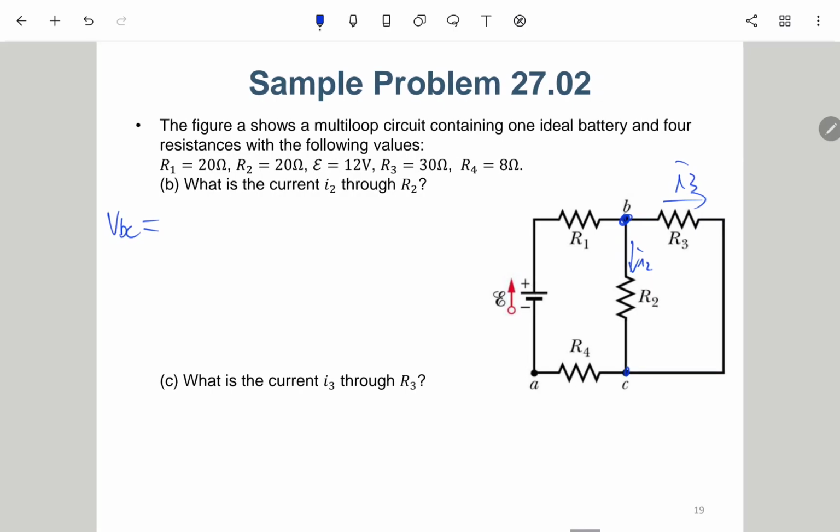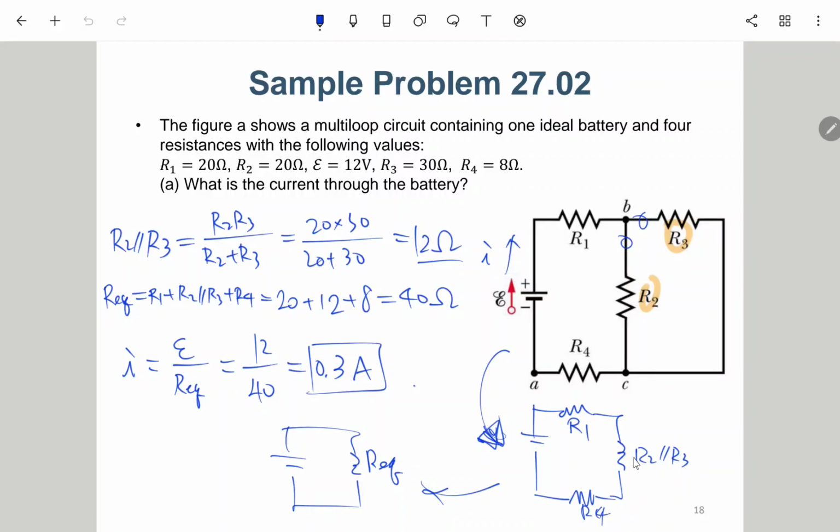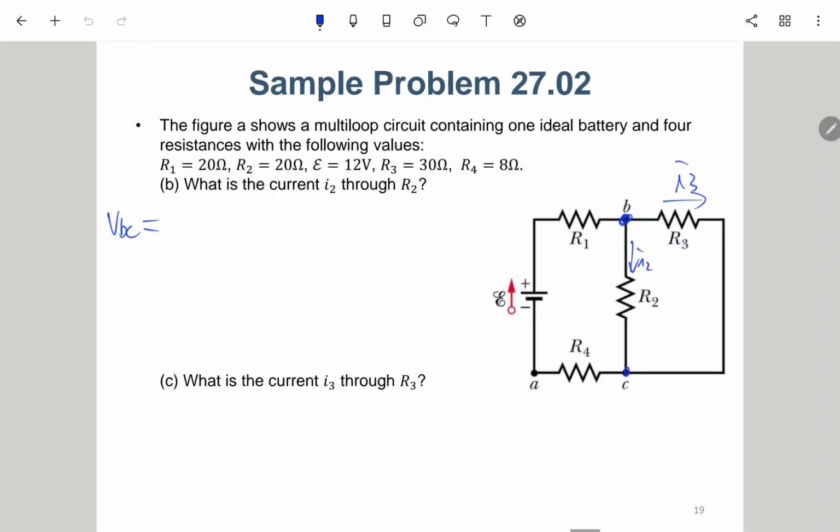If you still remember, this is the equivalent circuit. These two resistors are in parallel, so this node is still VB and this node is still VC. So VBC will be nothing but I times R2 parallel R3.